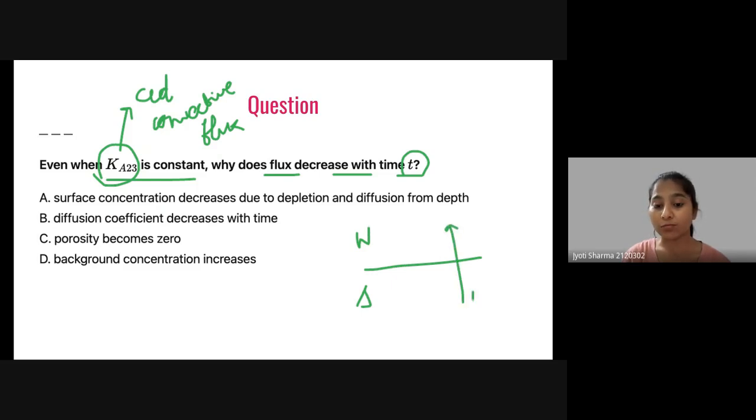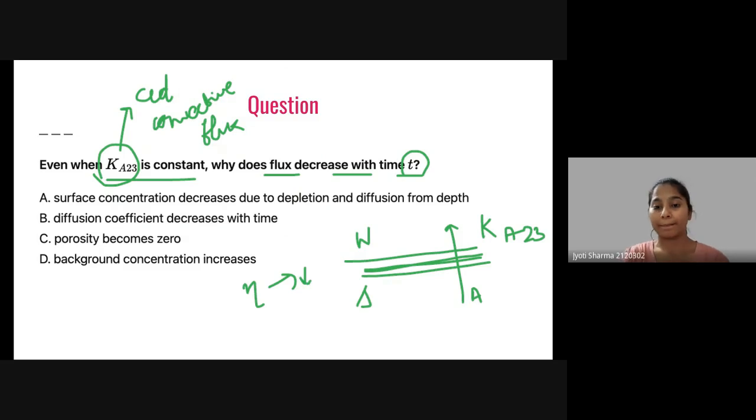A is moving from sediment to water, and we need to cross this interface on the water side and on the sediment side. Even if capital K A23 is constant, the flux is still decreasing with time. Why?